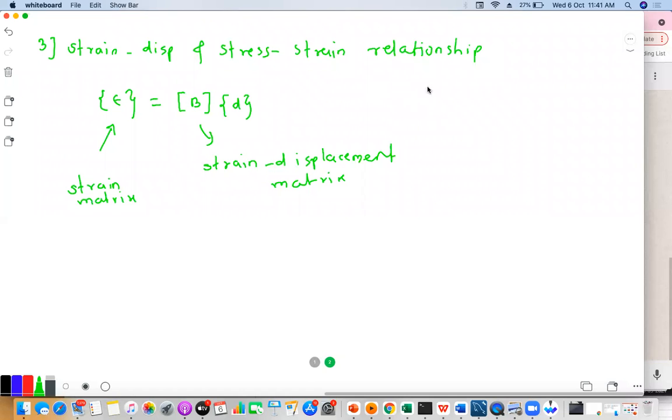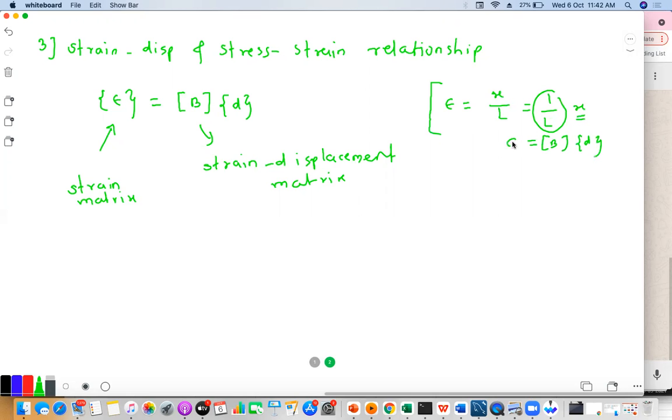Now, for simplicity, let us say epsilon, that is strain, is equal to displacement x upon original length L. I can write this as 1 upon L into x. Now this x becomes the displacement matrix, and this 1 upon L becomes the B matrix.